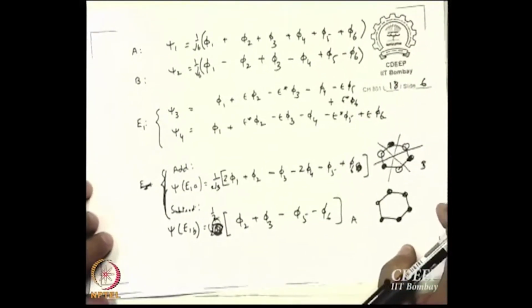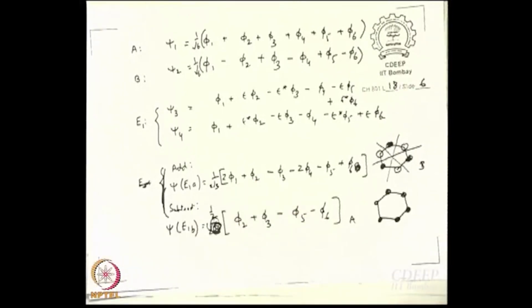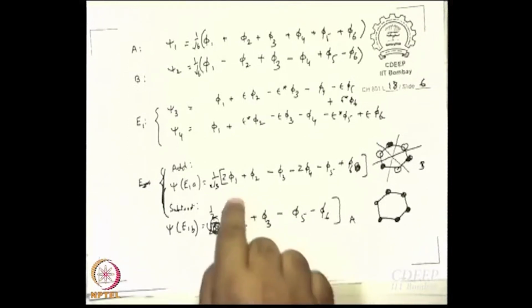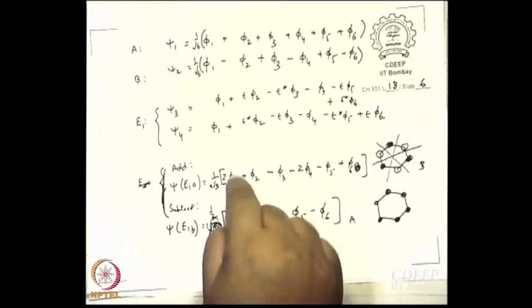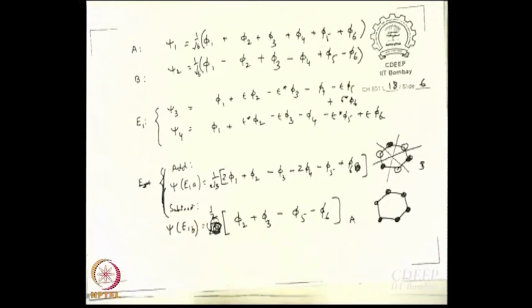Now, let me answer that question. So, you are asking how I got 1 by 2 root 3. What did you get? I am trying to normalize, right? See, to normalize, what do I have to do? I have to multiply it by itself and get 1, right.